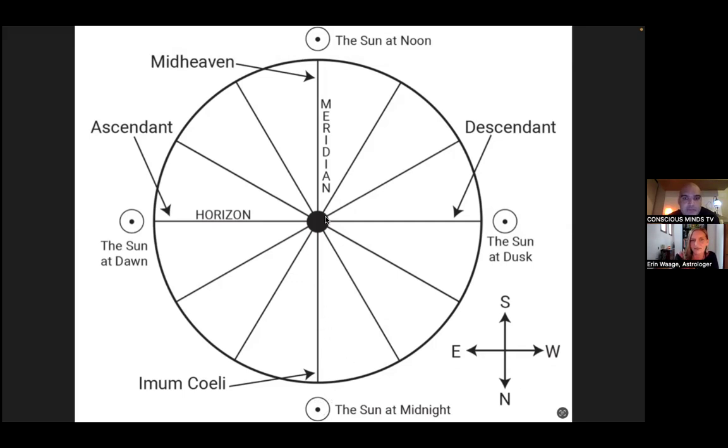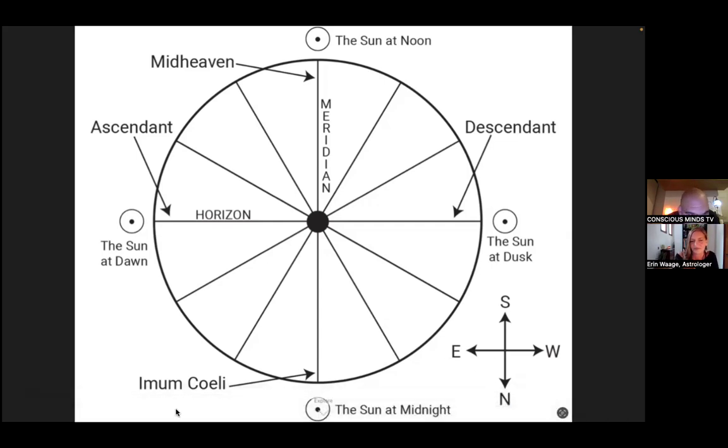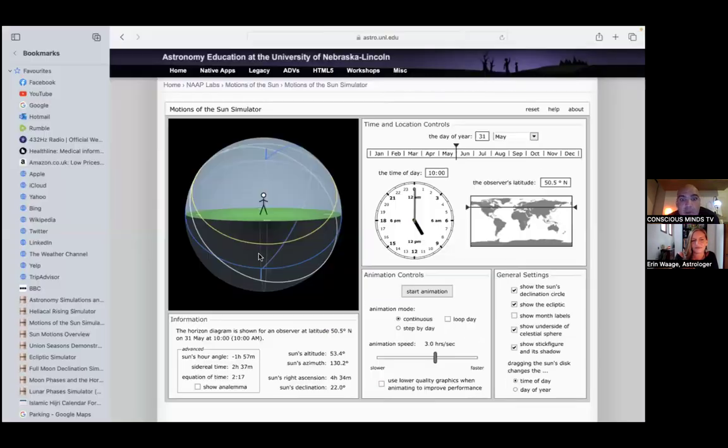Do you have anything to add to that? Yeah, going back to this website, you can basically see that for people in different parts of the world and at different times of the year, the sun and moon will be at different heights in the sky.